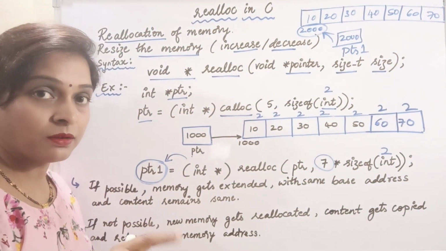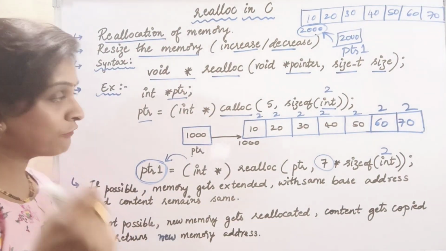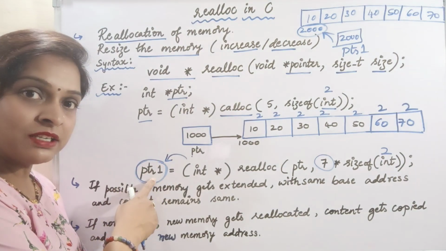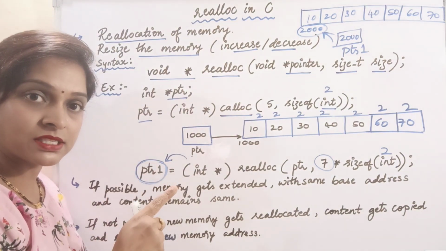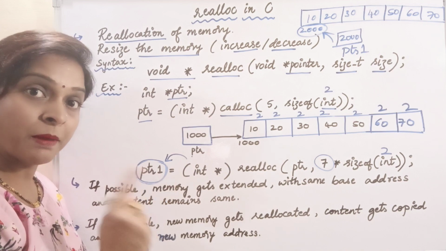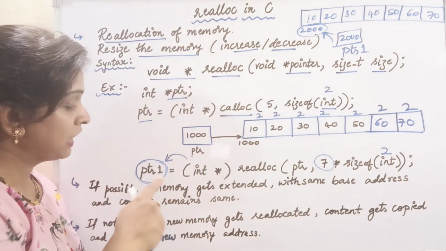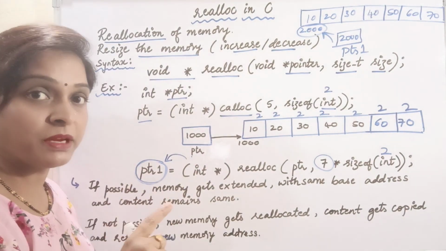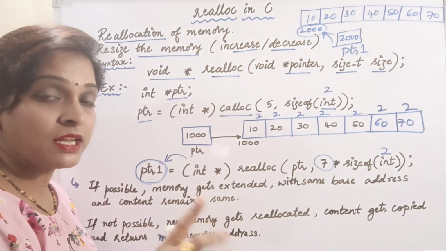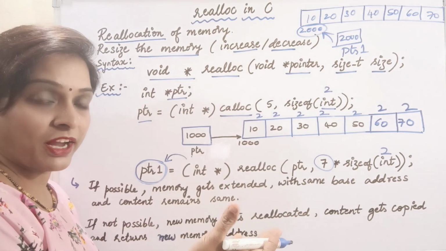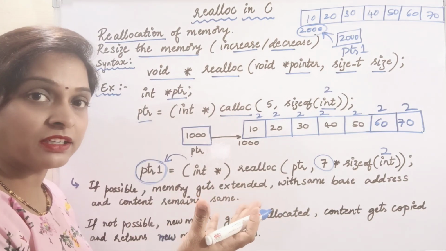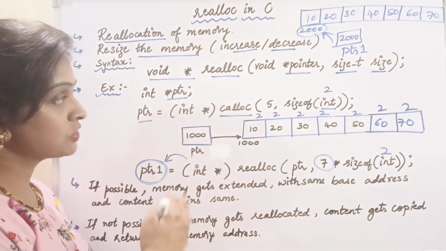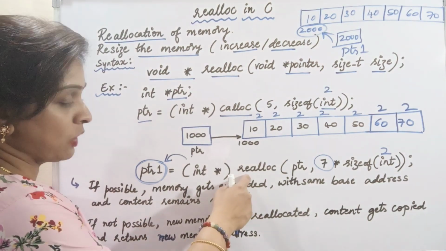So while coding, if you print the value of PTR and PTR1, if PTR1 gets the same address, then memory is being extended. If PTR1 gets a new address, the memory is not extended, it is reallocated. So new memory is allocated and all the data will be copied to that. So this is the case with realloc.